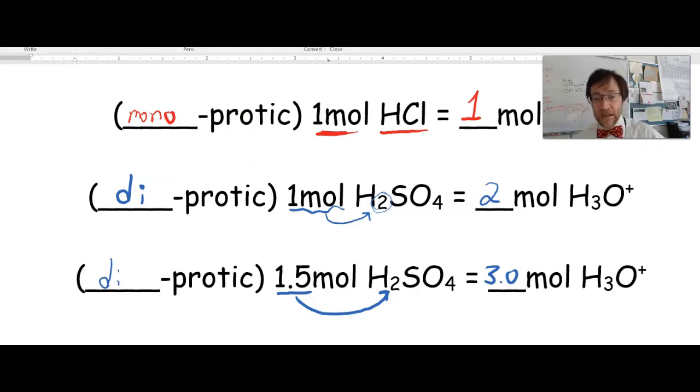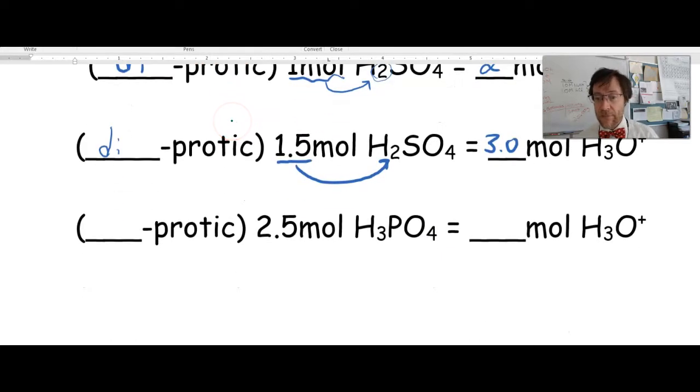Now, the next one that we're going to look at, H3PO4, is an example of a triprotic acid. That stuff is nasty. It's one of the few acids I'm actually nervous to handle. So, for every 1 H3PO4 that we put into solution, it will produce 3 hydrogen ions.